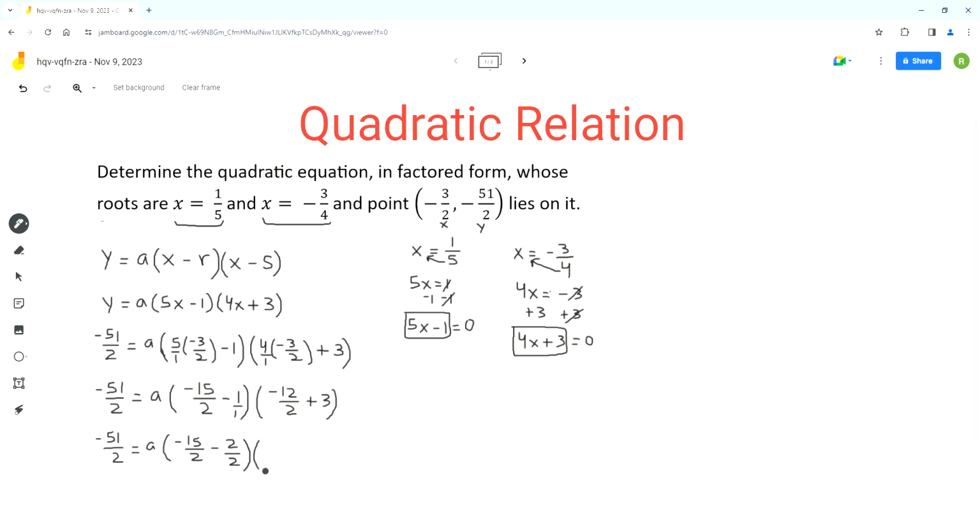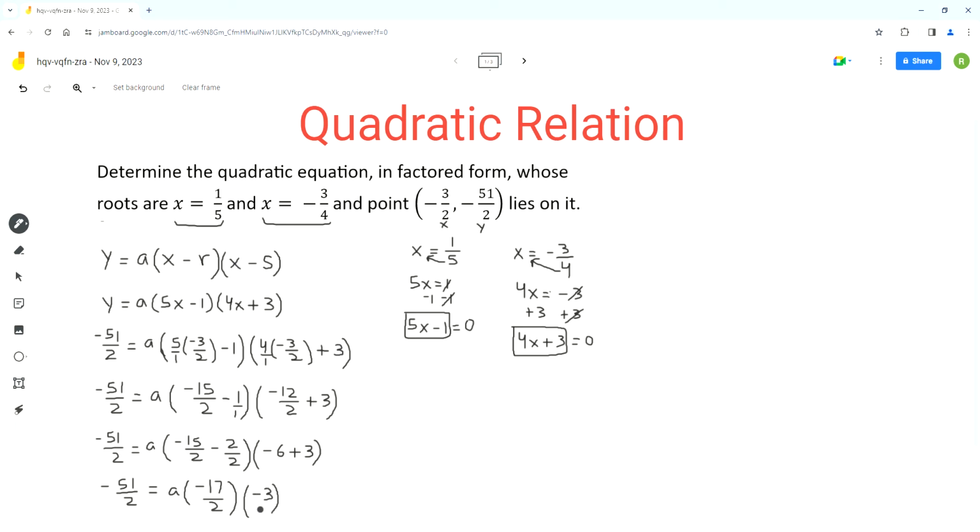Now in the second parentheses, we can reduce negative 12 over 2 to negative 6. Now we combine the terms: negative 51 over 2 equals a, and in the first parentheses we get negative 17 over 2, since negative 15 minus 2 is negative 17 and the denominator stays the same. In the second one we do negative 6 plus 3, which is equal to negative 3.